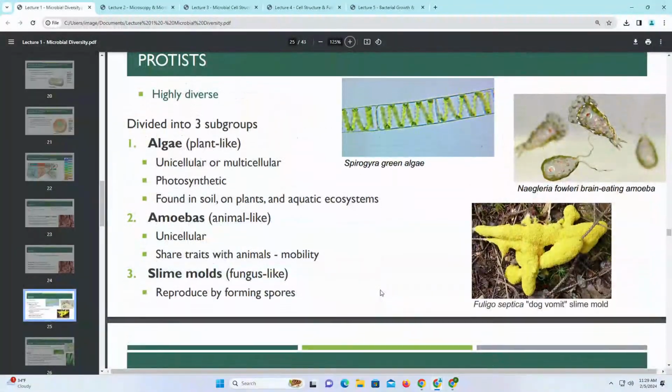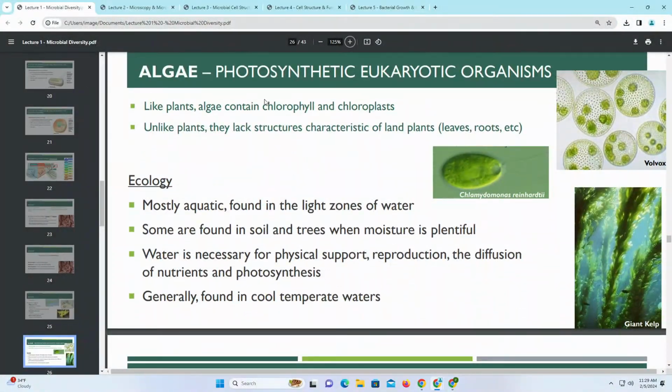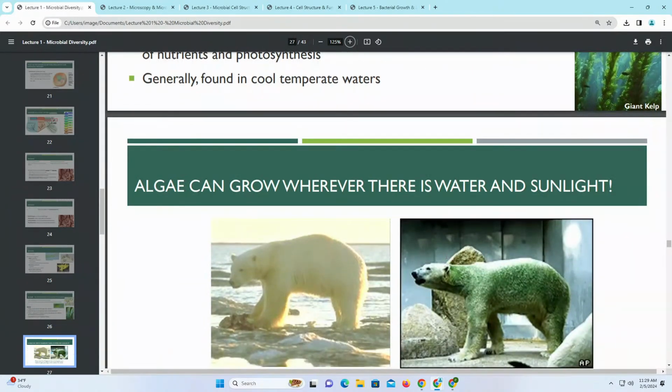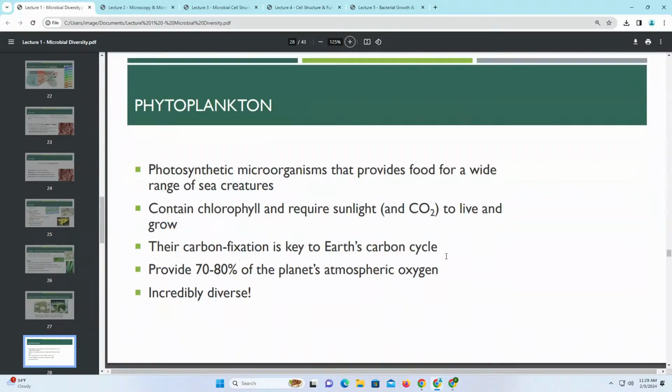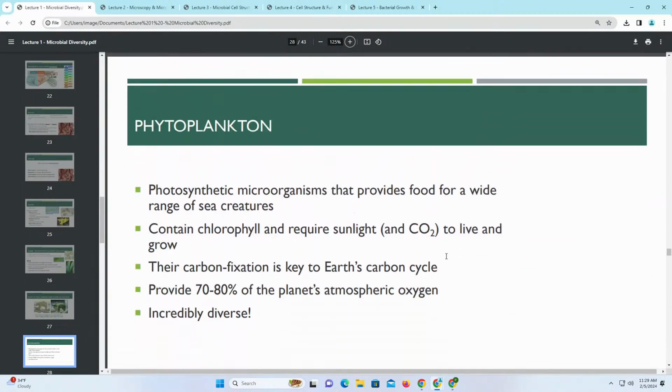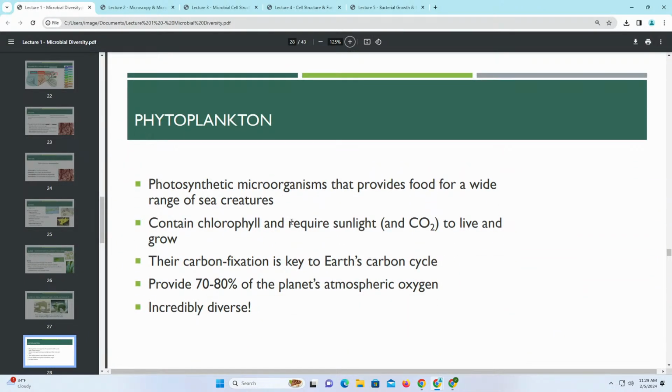And then within the algae, I have a little bit more detail here, reiterating the same things: where they're found, what they need to grow. And then I talk a little bit more about phytoplankton, which are photosynthetic organisms within our oceans. Why are they important? What kind of processes do they do? They are really central to the carbon fixing cycle.